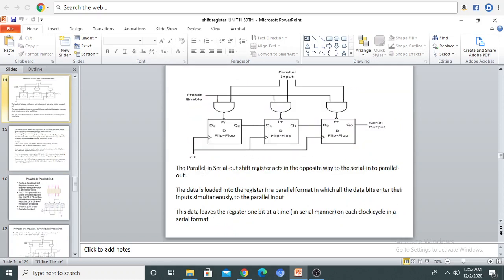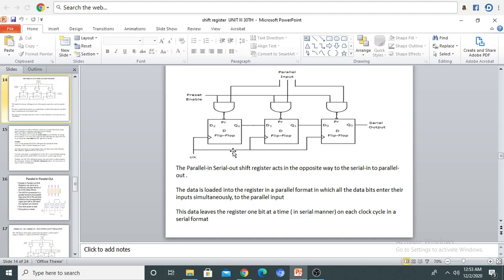So now I am applying the clock pulse. This Q2 value is shifted to Q1. Q1 value is shifted to Q0. So in the beginning you will get the first value. Here I am loading 0, 1, 0. So initially we have 0 here.